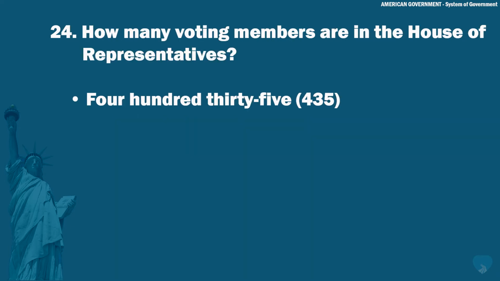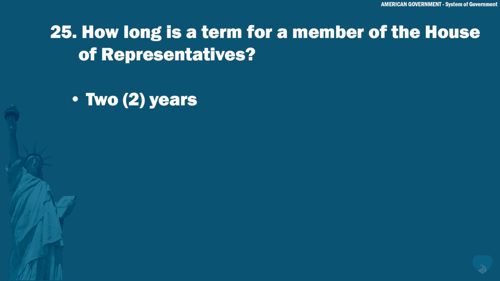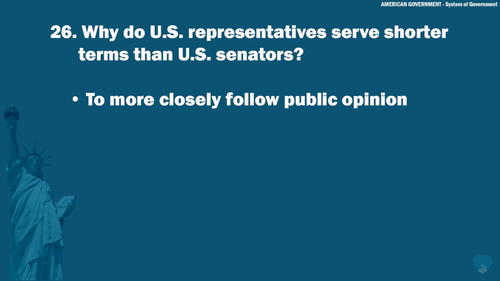Question 24. How many voting members are in the House of Representatives? 435. Question 25. How long is a term for a member of the House of Representatives? 2 years. Question 26. Why do U.S. representatives serve shorter terms than U.S. senators?